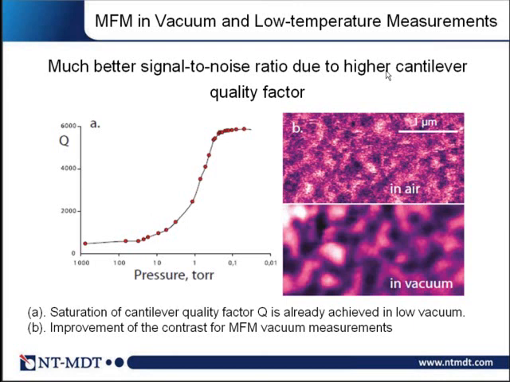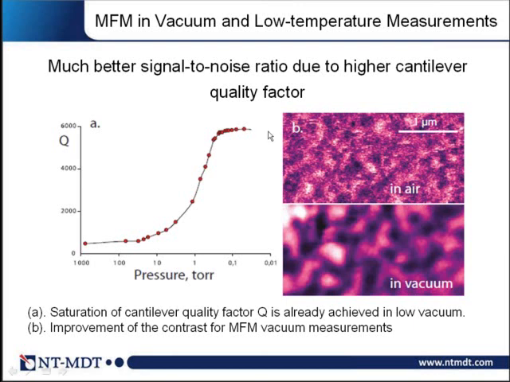As demonstrated in these pictures, the increase of the Q factor really improves the signal-to-noise ratio, and this is clearly seen in this picture. What is important to note is that you don't really need very high vacuum.